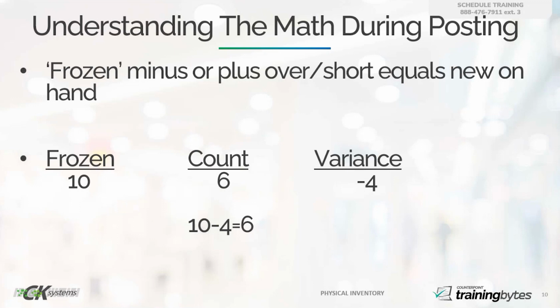So if you sell during the count, that frozen doesn't get updated. As an example, I had 10 on hand when I did the create step. I sold one, so now there's 9, but my frozen still stays at 10, and the calculation at the end of posting is still going to look to that frozen of 10.